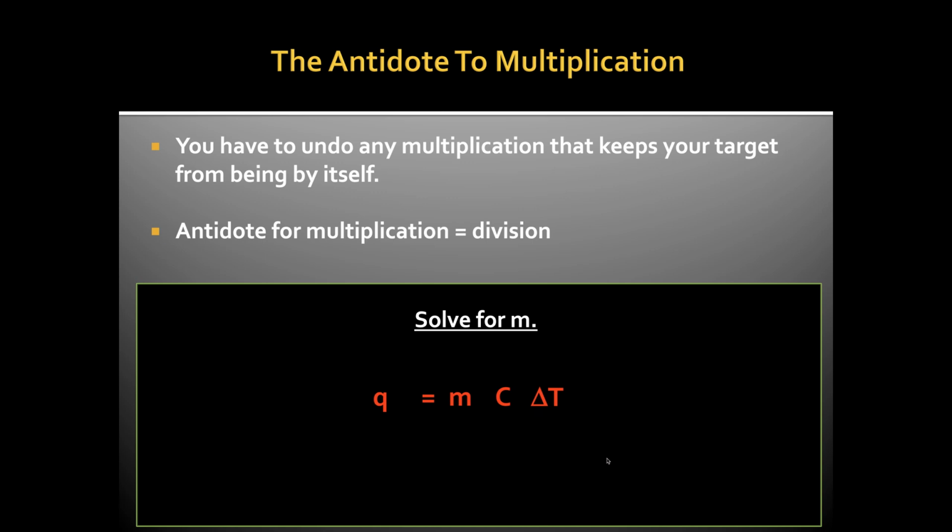Now, since M is being multiplied by C delta T, the antidote for multiplication is division. So we divide both sides by C delta T. That gets rid of it on the right side and just leaves it on the left side. And now you just substitute in your values for Q, C, and delta T, and you've got yourself whatever M is.